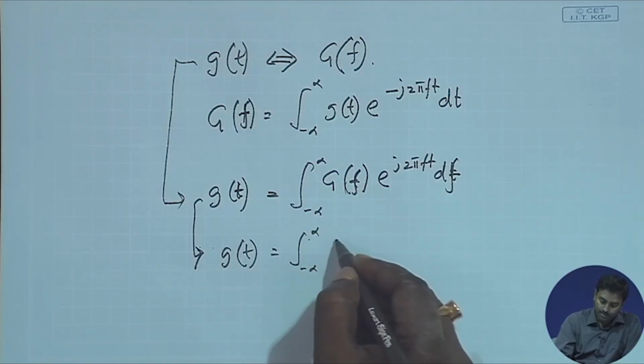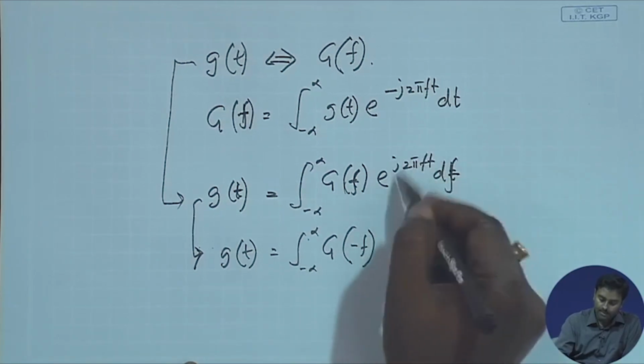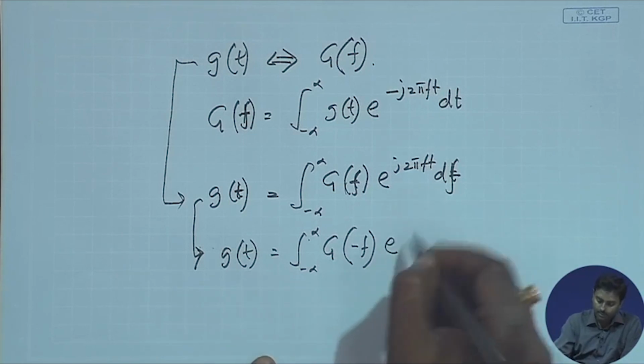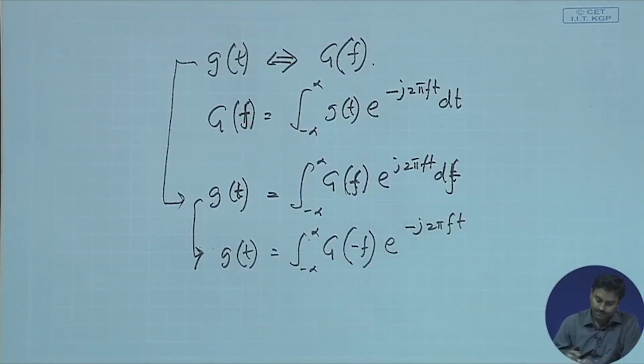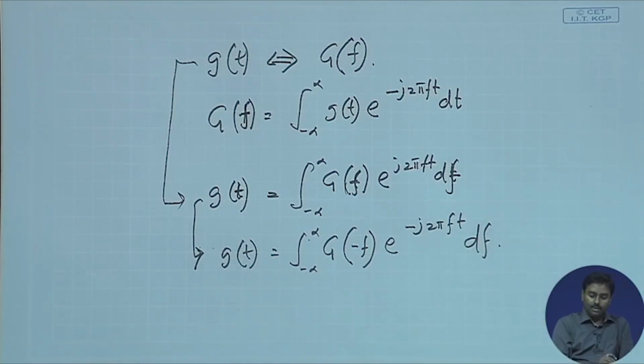So, this is G(minus f), and here we will just get e to the power minus j 2 pi f t, right. This is something we will get. So, what we have done is we have just replaced this.